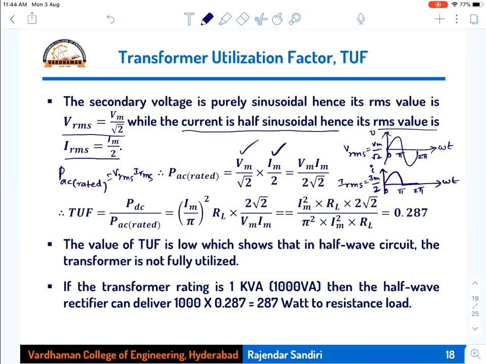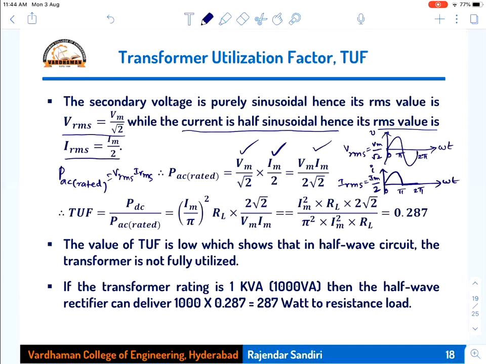Therefore, I have to take the current as half cycle. Voltage is full cycle, current is half cycle. So Vrms and IRMS are not both for the full cycle. Vrms is for full cycle, IRMS is for half cycle. Therefore, PAC rated is Vrms into IRMS, equal to Vm by root 2 for full cycle into Im by 2 for half cycle. Therefore, it will become Vm Im by 2 root 2.